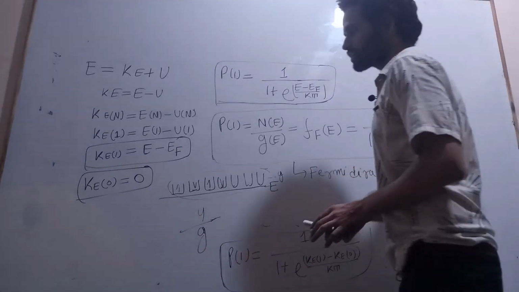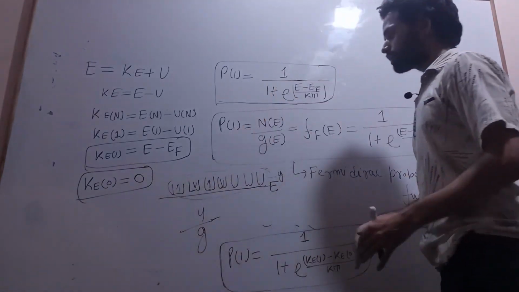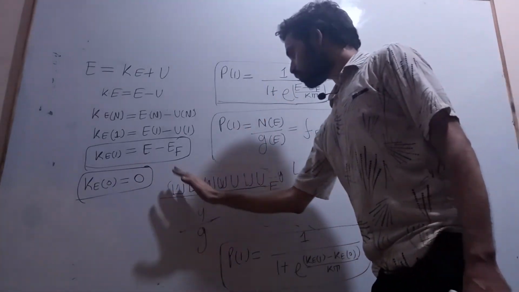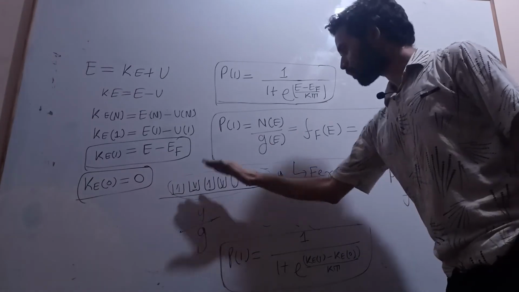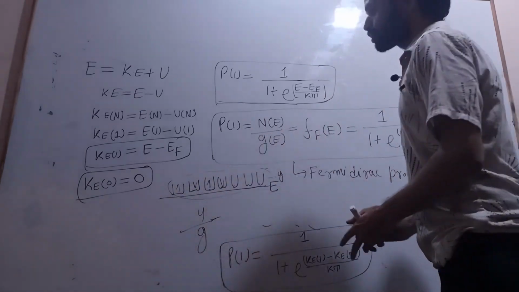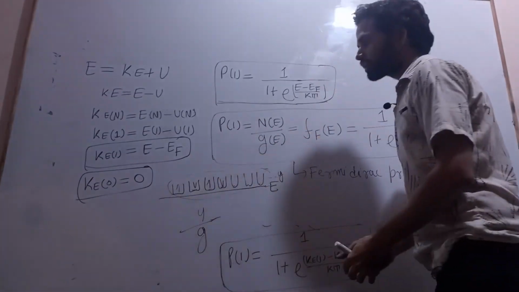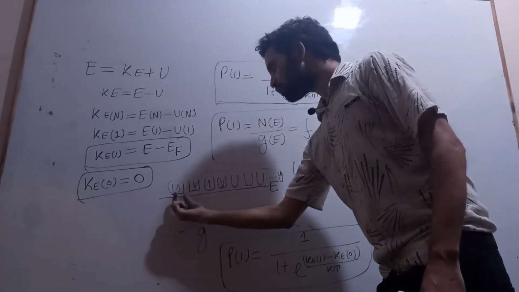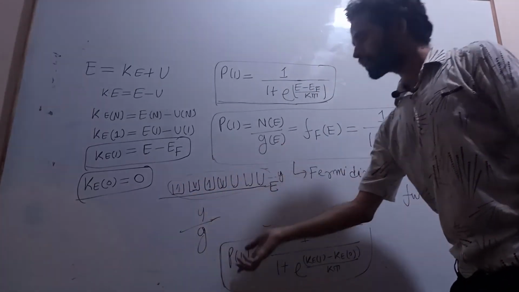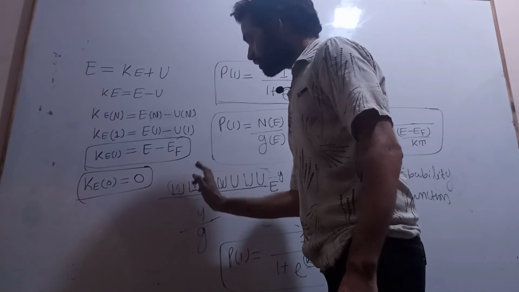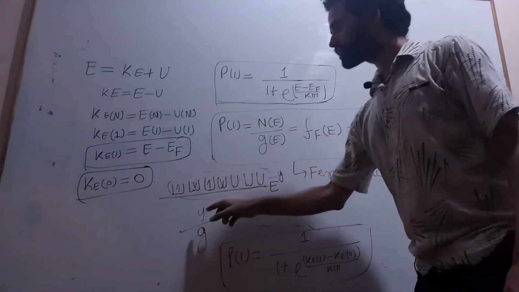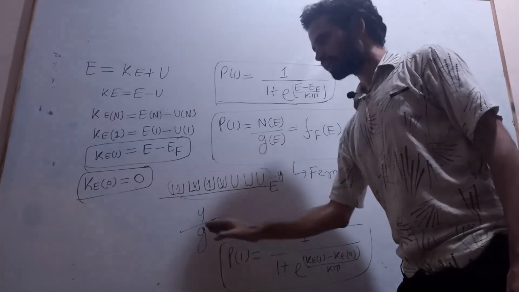This is the exact derivation of this Fermi Dirac probability function. What we did first, we took one energy level and a number of quantum states in it. Then we selected one particular quantum state and found whether it is occupied by an electron or not.